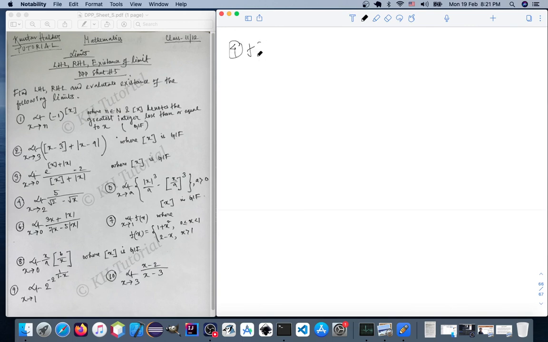Next problem, f(x) is 5 by (root 2 minus root x), and we are to investigate the limit of this function at 2. So LHL is the limit x tends to 2 minus f(x).